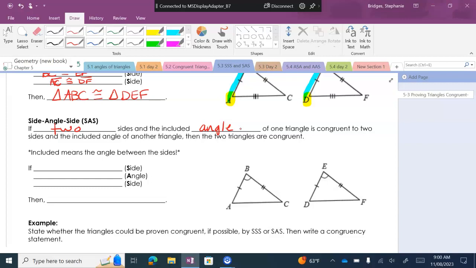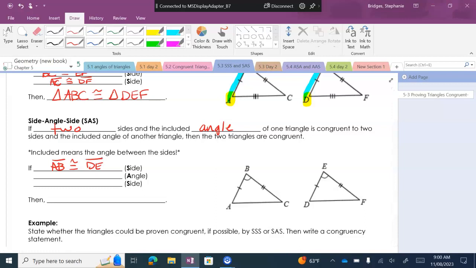It says if. Give me a pair of sides that are marked congruent in your picture here. AB is congruent to what? DE. Okay, so if segment AB is congruent to segment DE, the next blank says an angle.